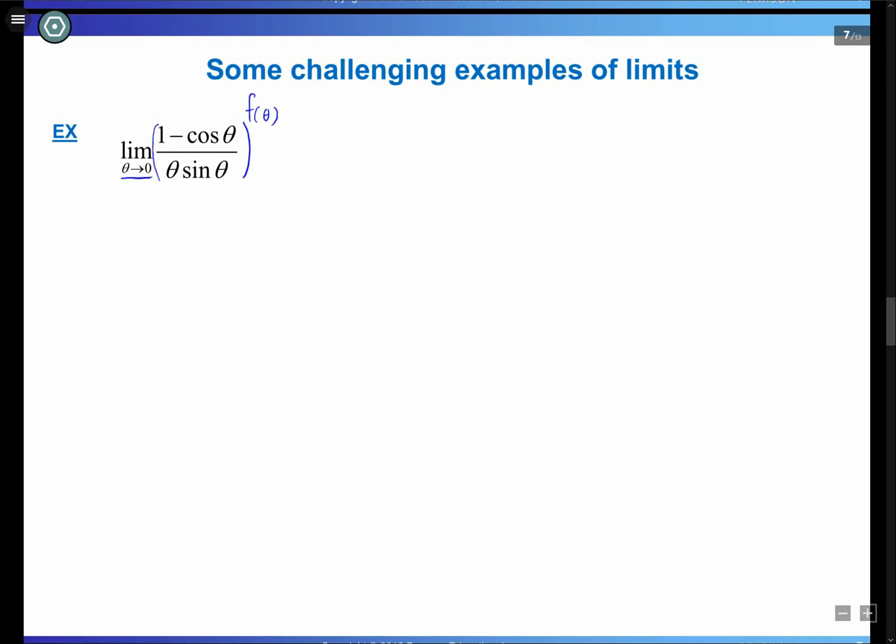Once again, try the direct substitution for the peace of mind. At least we know that the simplest approach doesn't work. So we try direct substitution, when theta equals 0 exactly. So let's see what happens.